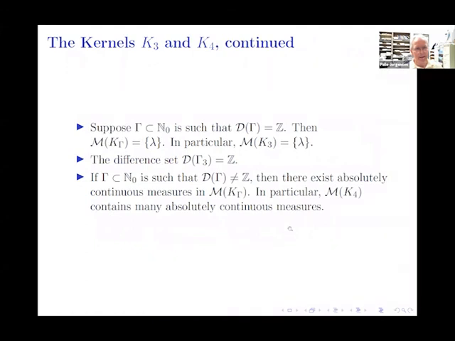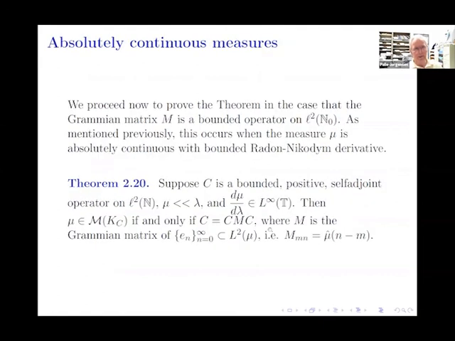And this one here is the one that says that you have a Lebesgue measure in M of K gamma if the differences are all of Z, so in particular for gamma 3, but not for gamma 4. But gamma 4 still has many absolutely continuous measures in M of K4, including the ones that I'm studying here.